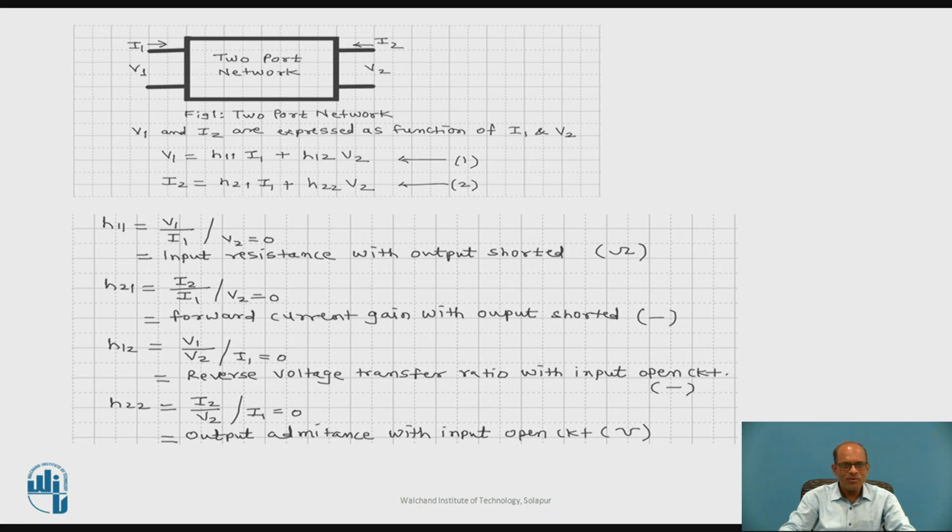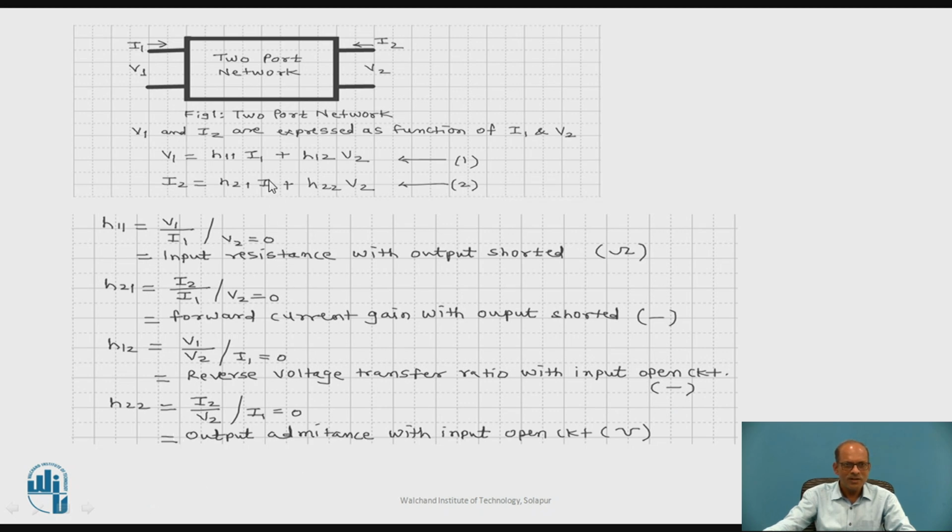Then make I1 equal to 0. Now making I1 equal to 0, that is input current is made 0, means input is open circuit. So open circuit the input, that is I1 is equal to 0, and from equation number 1 I can write down H12 is V1 by V2 with I1 equal to 0. So it is a ratio of V1 by V2, input voltage divided by output voltage, and therefore it is reverse voltage transfer ratio with input open circuited, and as it is a ratio of voltages, it is not having any unit.